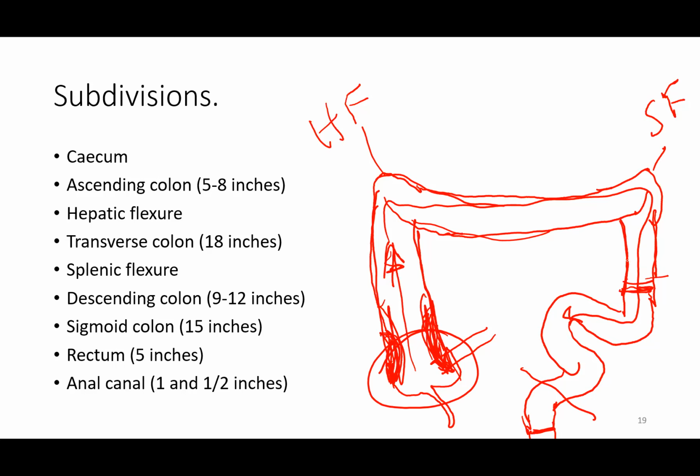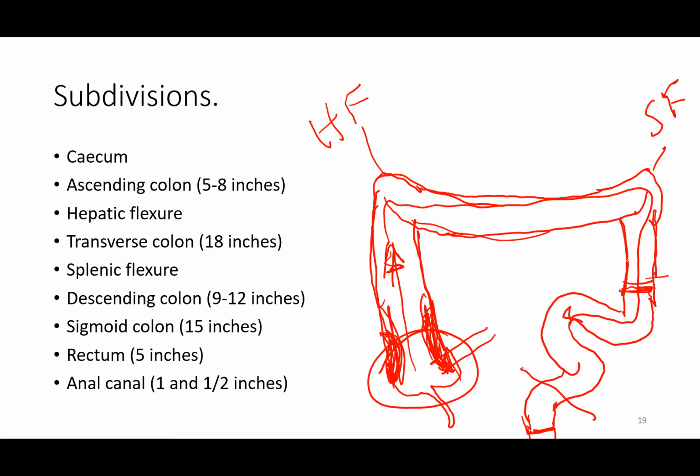So you should know, on the right side, the colon has a wider caliber; two, the content is liquid; and three, most of the pathology is of a flat nature. So obstruction is unlikely to occur on the right side. And you should also know that tumors on the right side commonly bleed as compared to the left side.